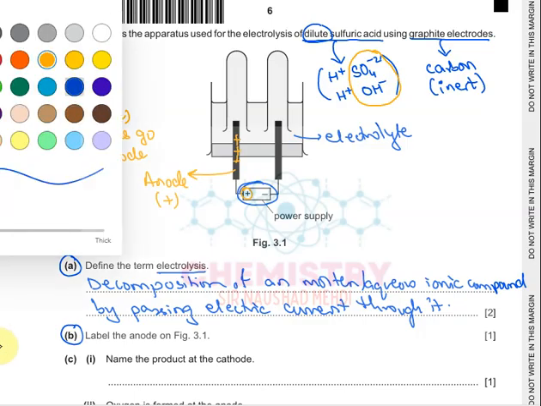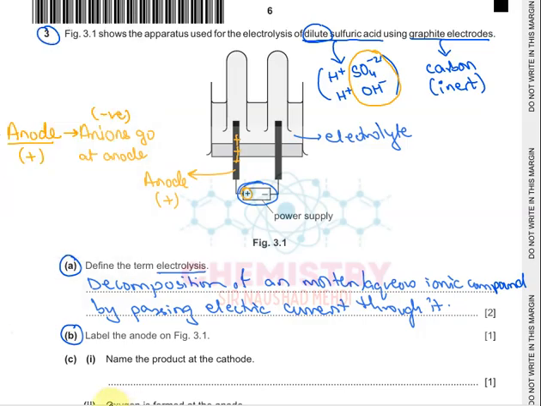Now in part C, it is saying to name the product at the cathode. At the cathode, the cations will be going over there. So this is your cathode, which is negatively charged, and the cations, which are positively charged, will be going over there. These cations are your H plus ions, and they will go to the cathode.